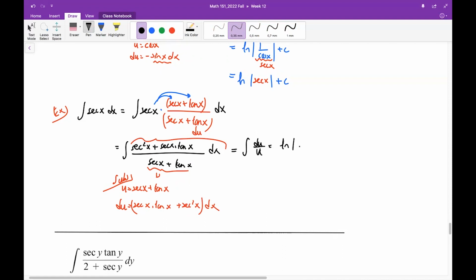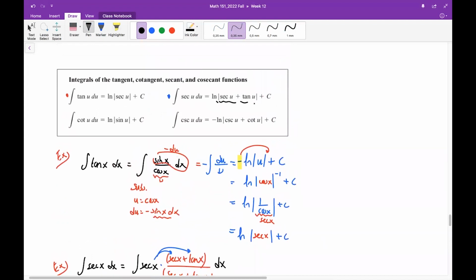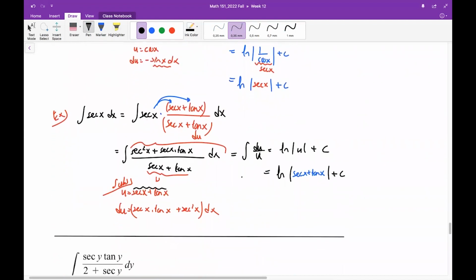That's why the result is ln absolute value of u plus c. So what was u? You just do your back substitution now: secant x plus tangent x. So this is how you obtain the rule for the integration of secant x. That's why in our integration table, we have such a rule and it is verified like this.